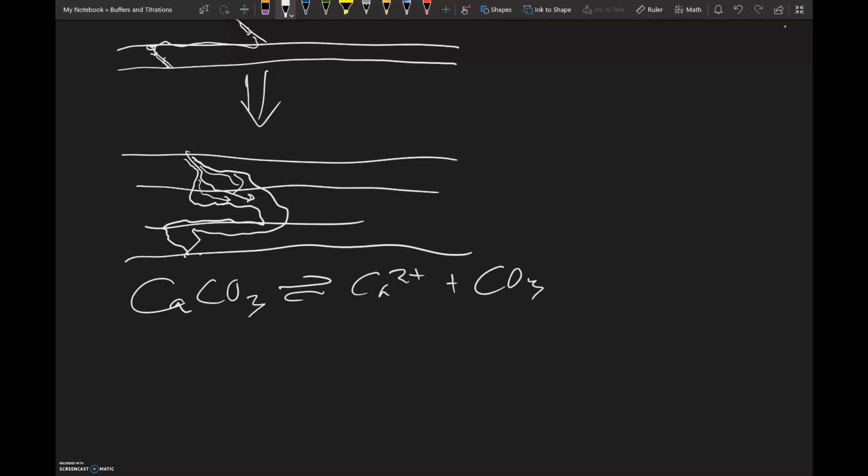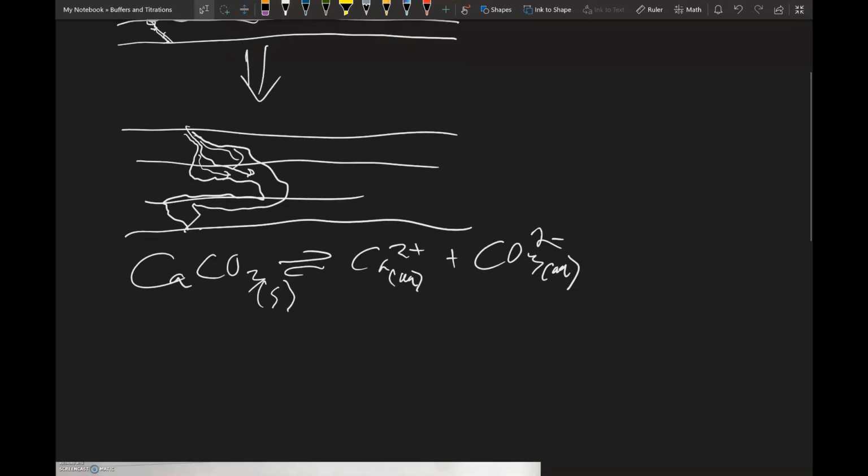In this case, the calcium carbonate forms its own unique equilibrium. Calcium carbonate is a solid when you put it in the solution, but that solid does dissolve ever so slightly to form these ions of calcium and carbonate. In doing so, it forms this equilibrium, and this equilibrium is expressed by Ksp, the solubility product constant.